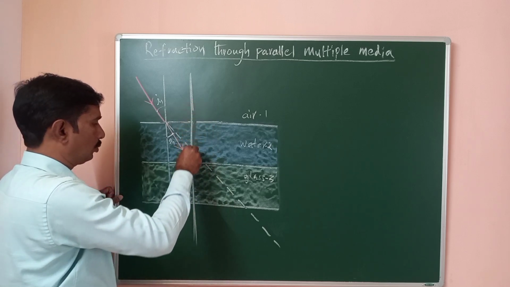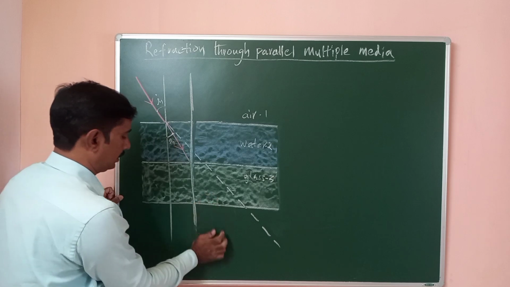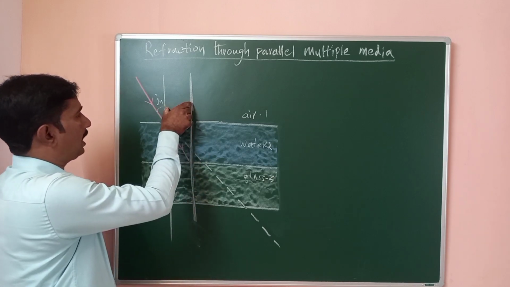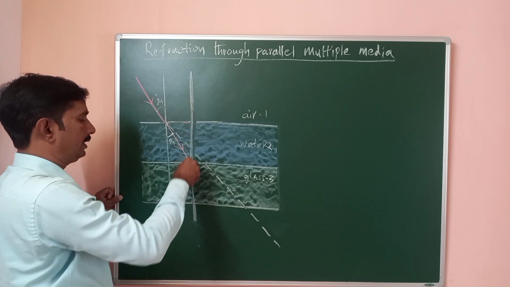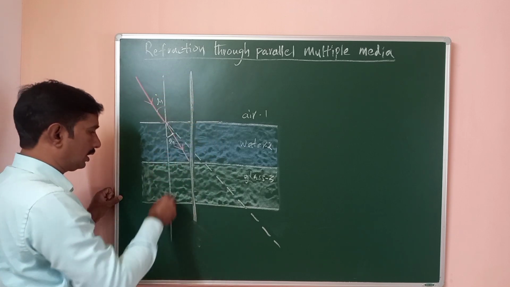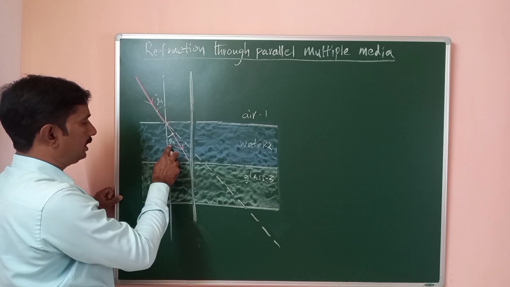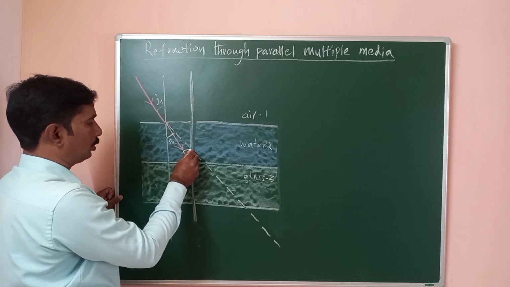Now these two are parallel lines, we have to remember. This is also a perpendicular line to the surface. This is also a perpendicular line to the surface. If this is R1, this angle also will be R1.